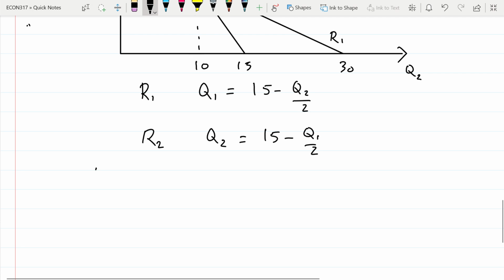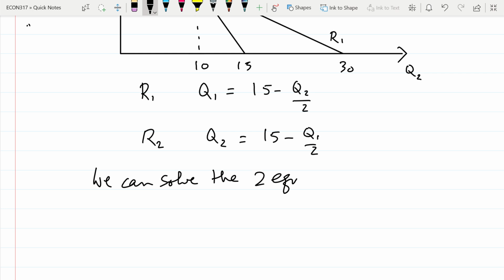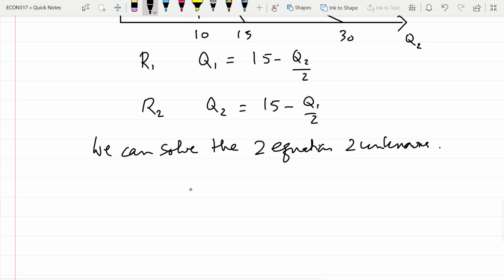So we can solve these two equations, two unknowns, where I will write the first equation. I am rewriting the reaction function 1 as Q1 plus Q2 over 2 equal to 15.